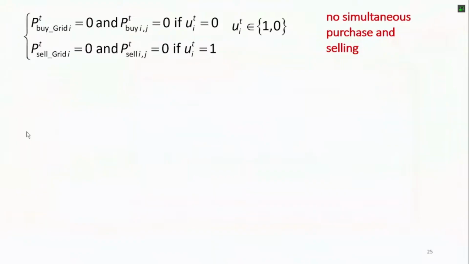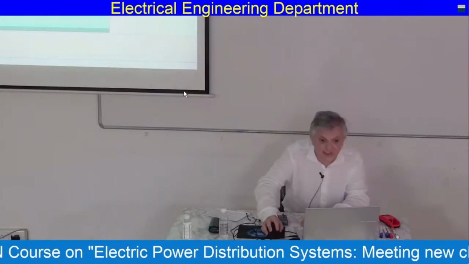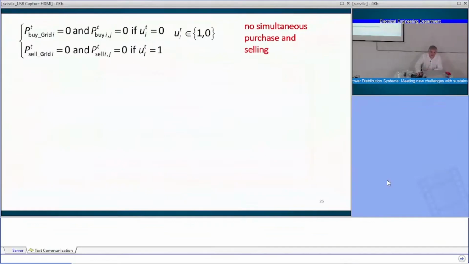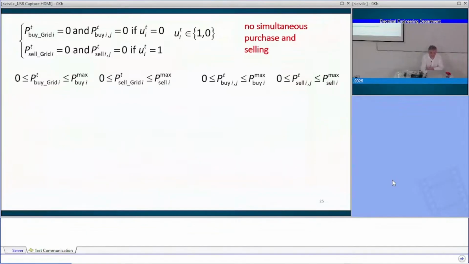So we are introducing this binary variable u for each user, so either he can buy or can sell. Obviously the same sign with the grid and the transaction needs to be met, and each user has a capability, so these are positive quantities, but there is a maximum value of the power that can be sold or bought by the characteristic of the user.